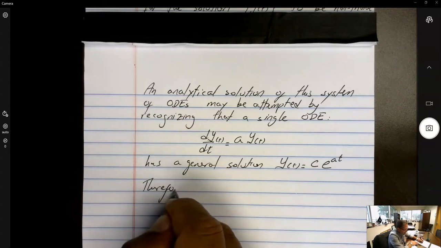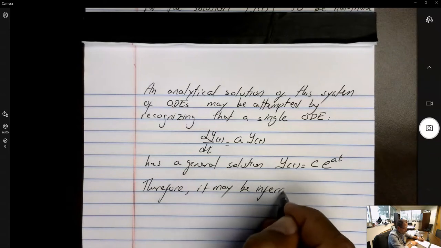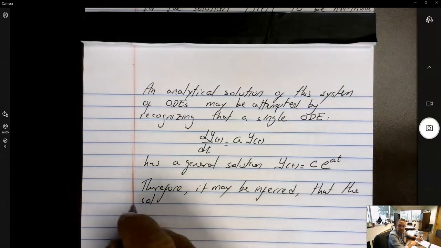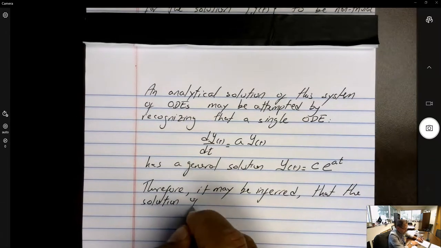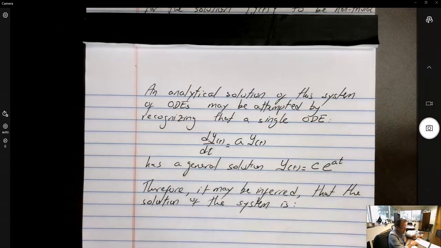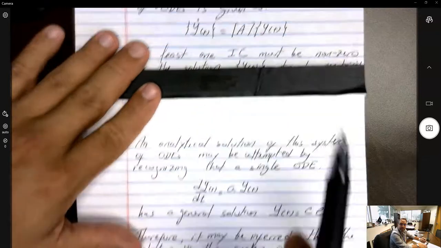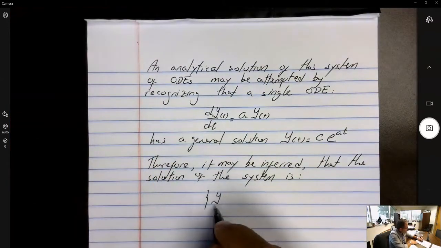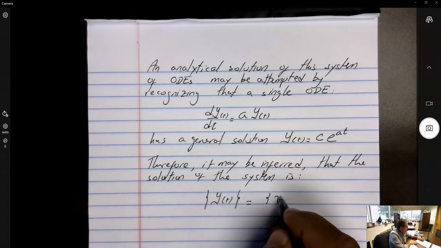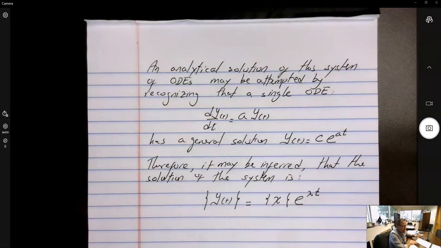Therefore, it may be inferred that the solution of the system, so the solution of this system up here, would be y of t, so an arrangement or vector of y's, is equal to some constant x times e to the lambda t.